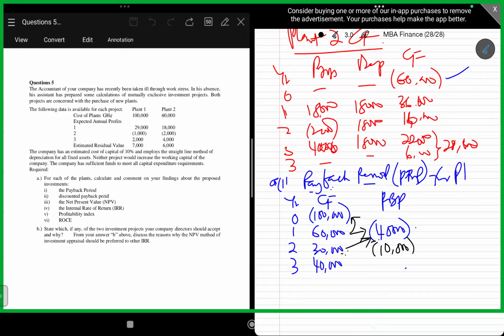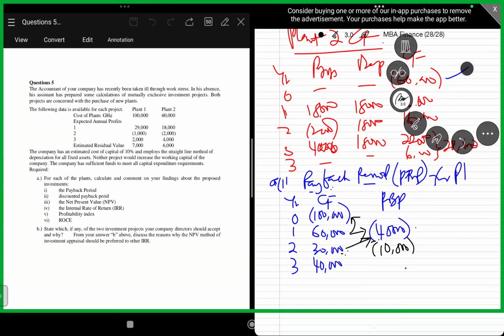What will be the difference? 10,000 negative, right? Good. So we can also go by that method. Or you can say negative 100 plus 60 plus 30. 100 is negative, 60 is positive, 30 is positive. Just compute it on a calculator. Are you good?